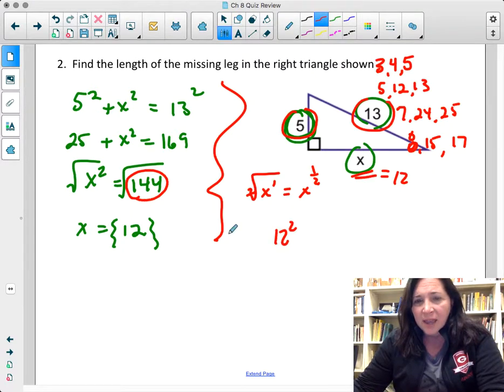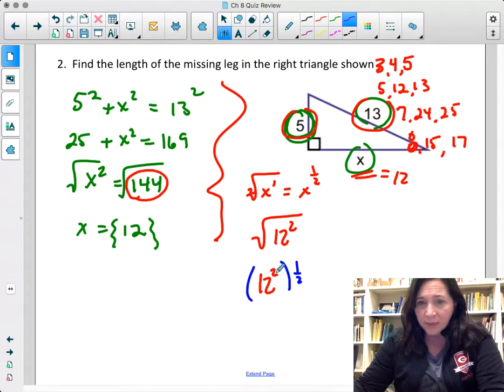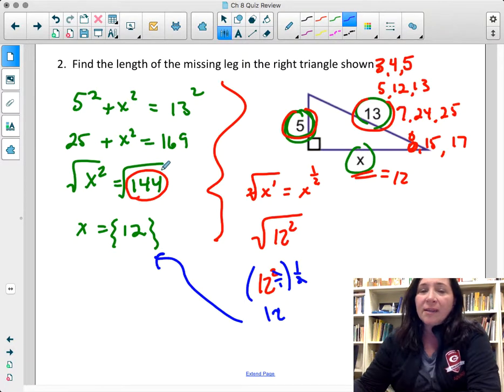So when I say the square root of 144, I'm saying the square root of 12 squared, which is 12 squared to the 1/2 power, and the 2's are going to cancel and you just get 12. And so basically that's why the root just disappeared like that. Okay.